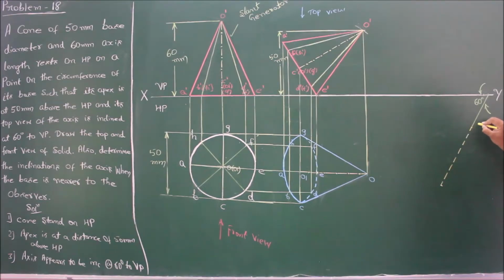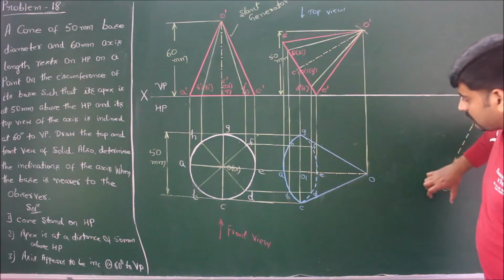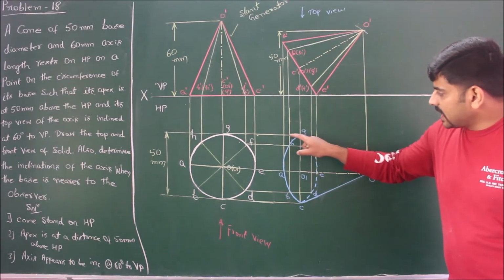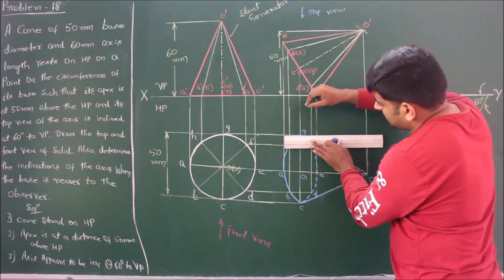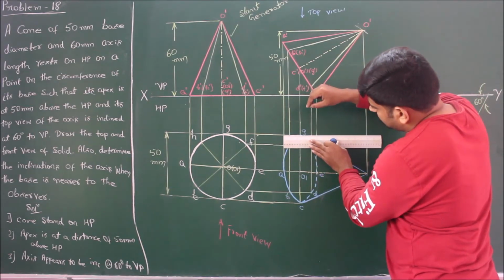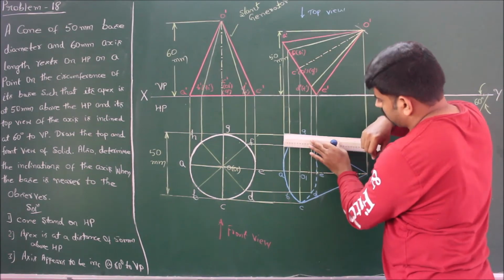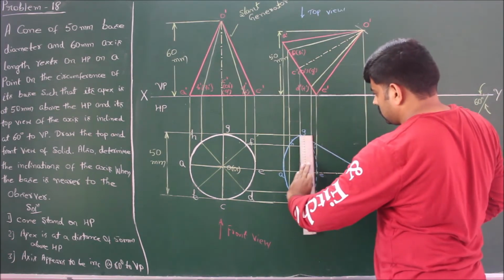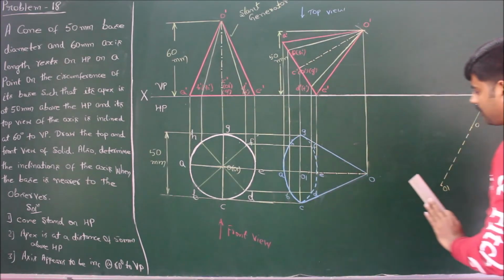Thereby, I have transferred O and O1. Now, to transfer this base, first you construct a rectangle around the base. So if we do that, I will get the dimension of the rectangle. So transfer it.